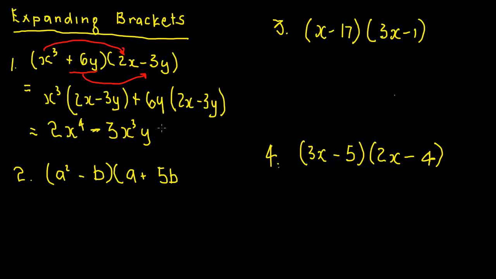Okay, now it's plus 6y times 2x would be 12xy, and then we would get 6y times negative 3y is negative 3 6s are 18y squared, like so.